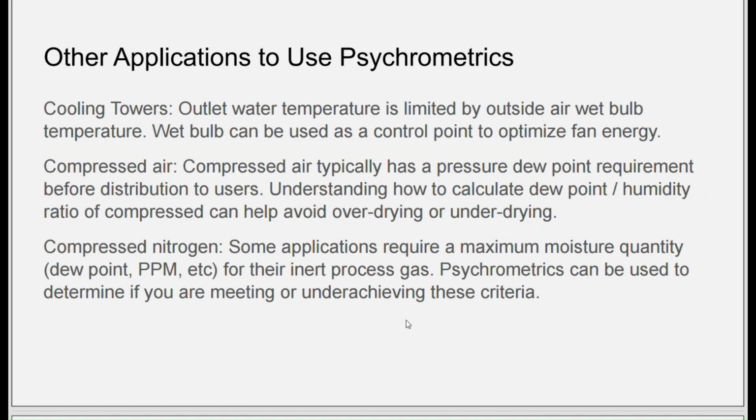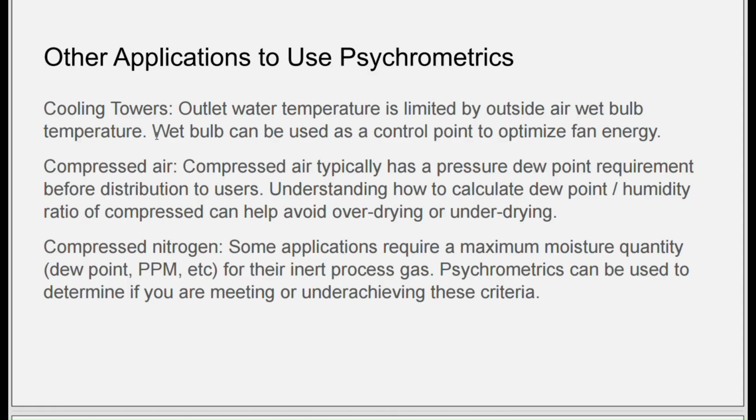So some other processes that use psychrometric analysis are cooling towers. Like I said, the water that you can cool your water down to is limited by your outside wet bulb temperature. So you can use wet bulb as a point to control your fan energy and optimize it.